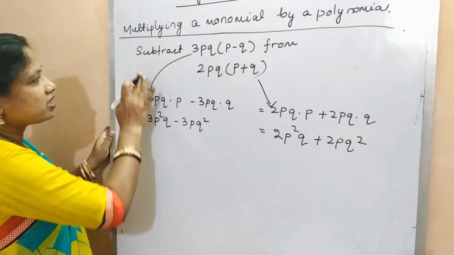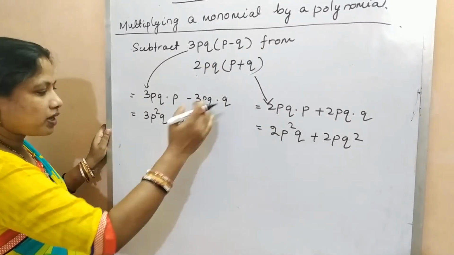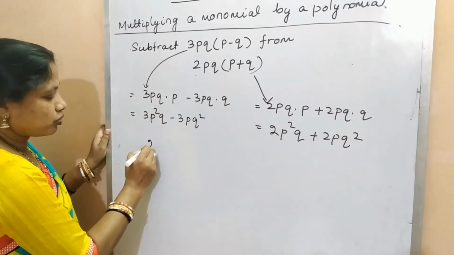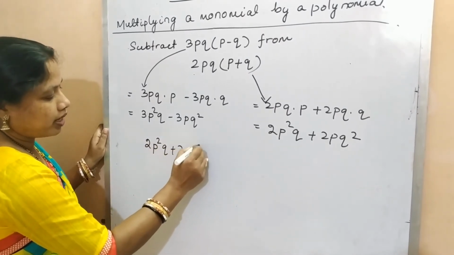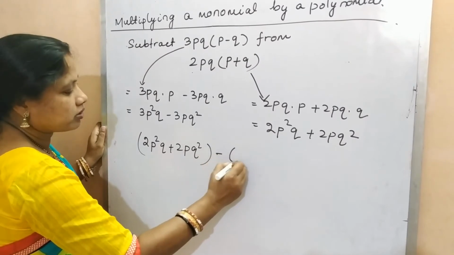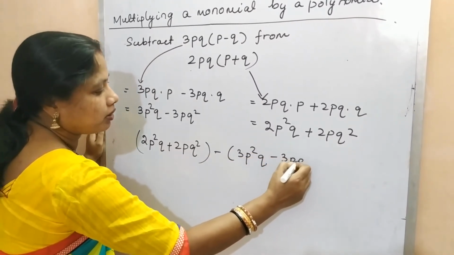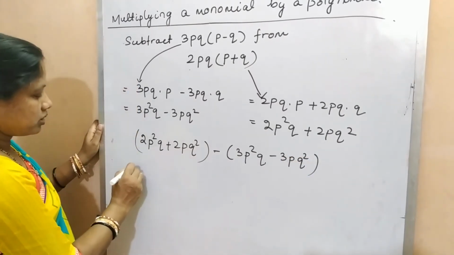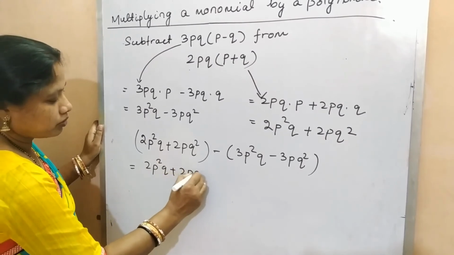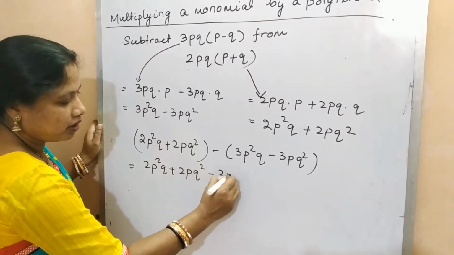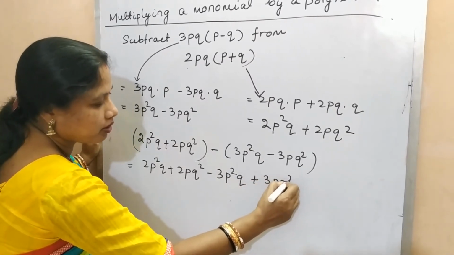Then the question is to subtract the first algebraic expression from the second. So first we have to write the second: 2p square q plus 2pq square minus (3p square q minus 3pq square). So this is equal to 2p square q plus 2pq square minus 3p square q plus 3pq square.